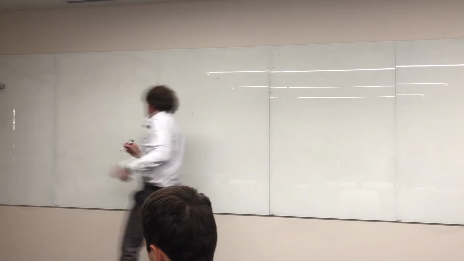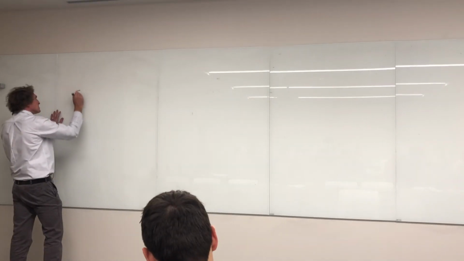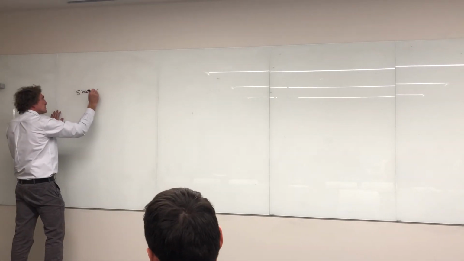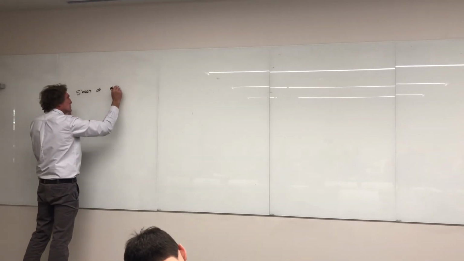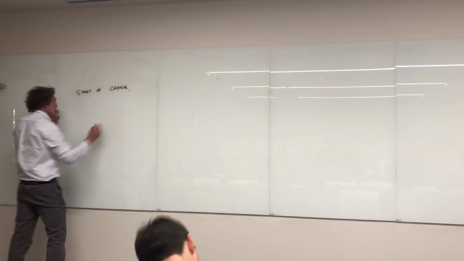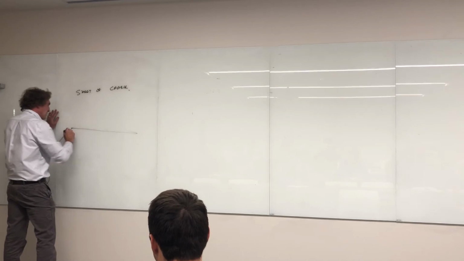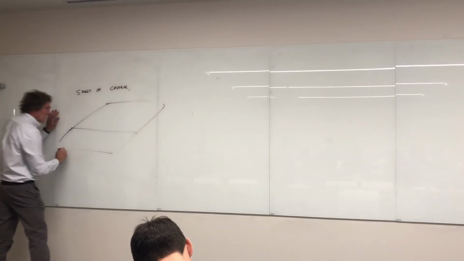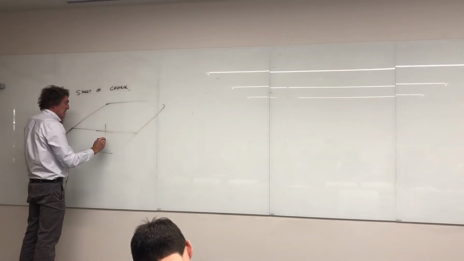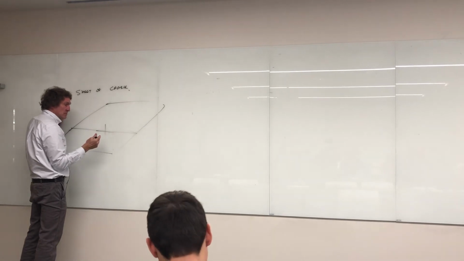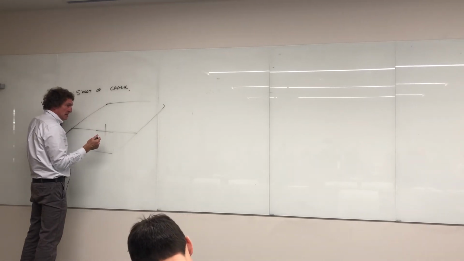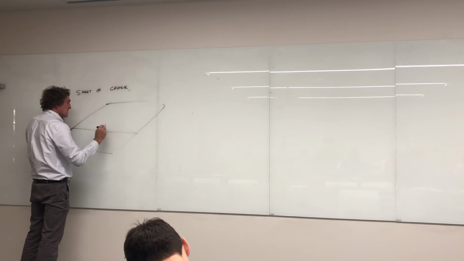All right, next thing is the infinite sheet of charge. So an infinite sheet of charge, let's say this is going to be at x equals 0. Let me do it this way.